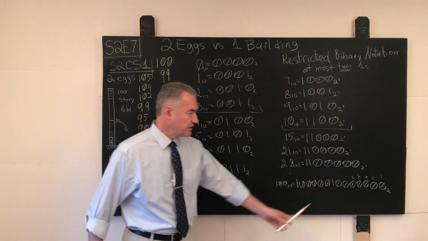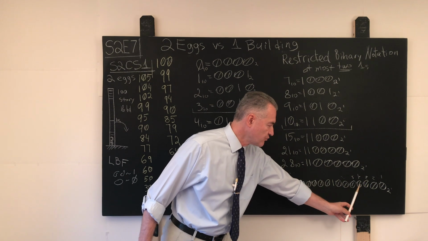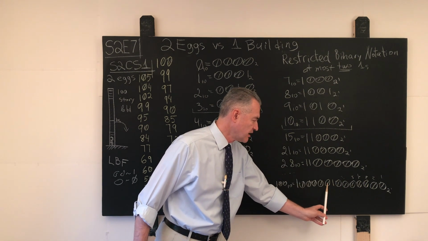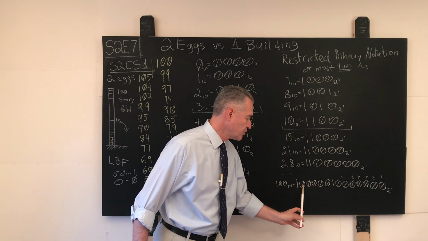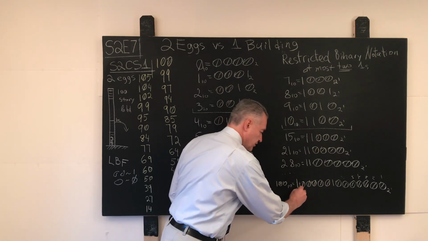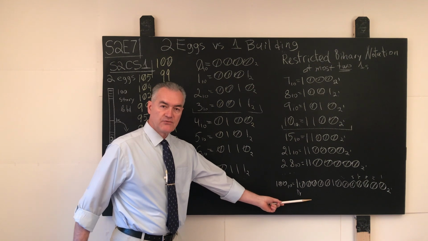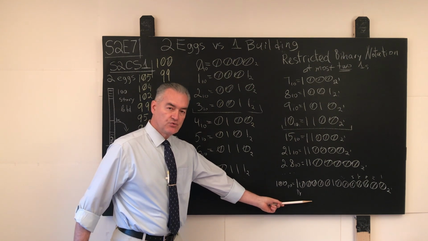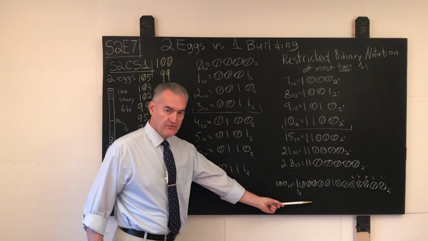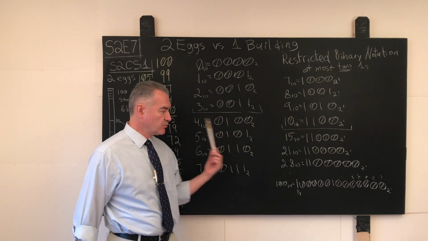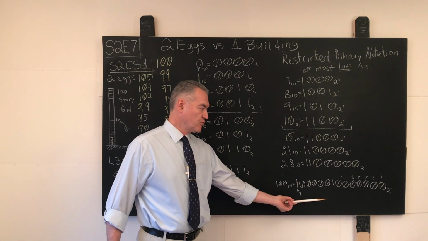Let's count over here. 1, 2, 3, 4, 5, 6, 7, 8, 9, 10, 11, 12, 13, 14. The number of this bit position is 14. Consequently, the number of tests that is needed to determine with absolute certainty the fate of the lowest bed floor in the building with these 2 eggs is 14.